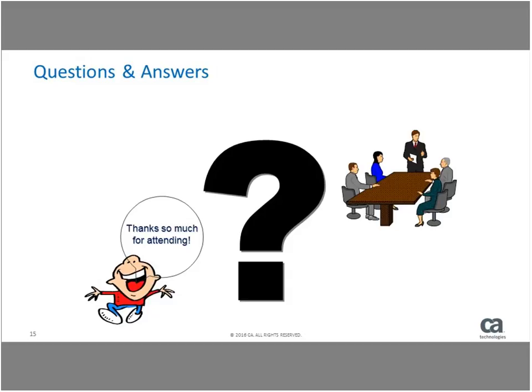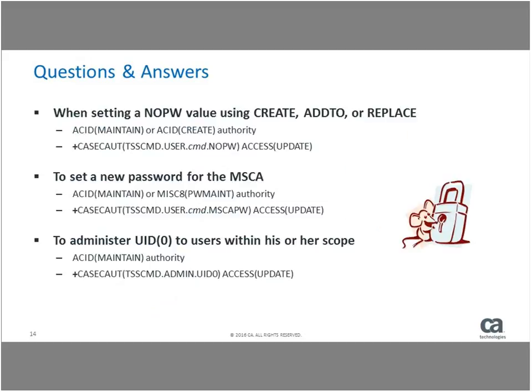So your help desk would not be able to administrate UID 0 if they didn't have permit to CASECAUT admin.uid 0. And that SecAuth check, that additional verification for authority, is by default, or did I have to turn that on? No, that's by default. Okay, so you can't assign UID 0 right now if you don't have it. Right. That's correct. Thank you. You're welcome, Paul.